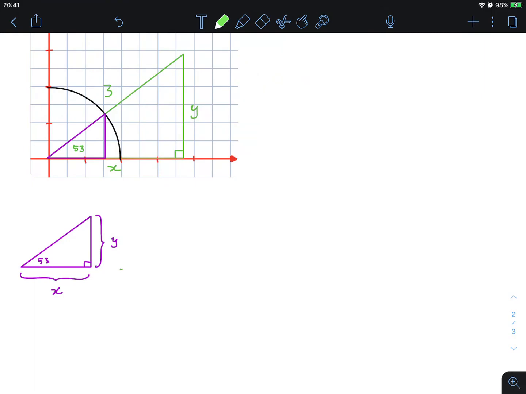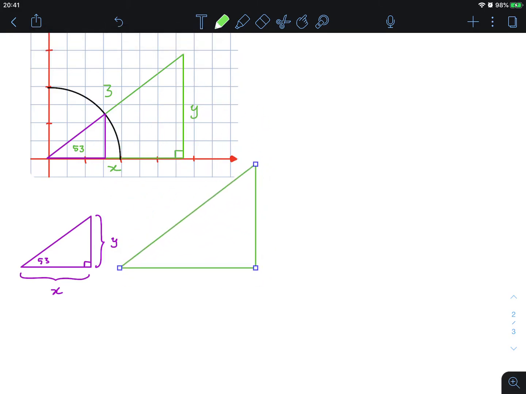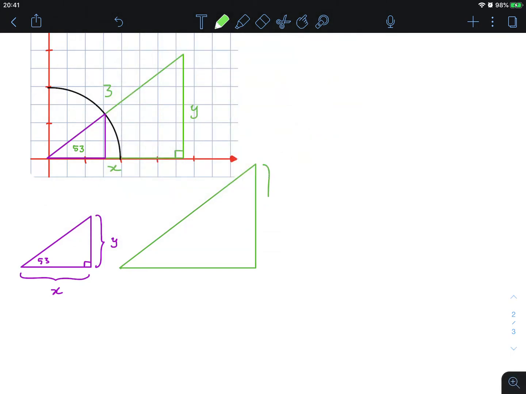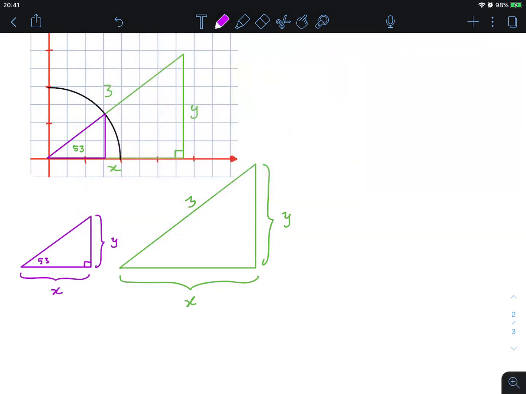The green triangle is a larger one, so we'll just copy it here. This also has a length of y that we don't know, and this one a length of x that we don't know, but we do know that the radius of this is 3, the hypotenuse as well, sorry, and the radius of this one is 1.